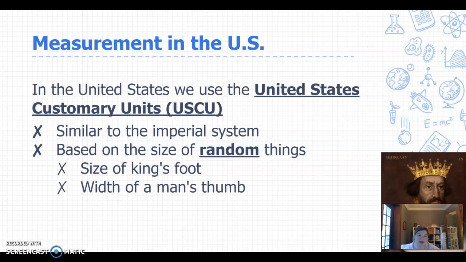This system is known as the imperial system, or it's similar to this imperial system based off of it, and it just dealt with random things that were important at the time.